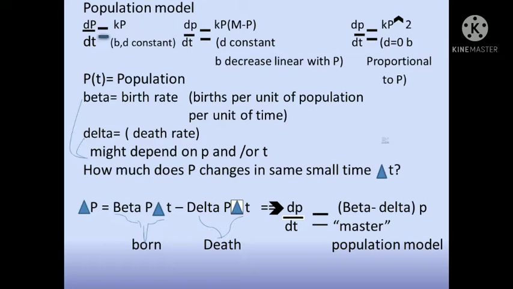Modeling population is a very interesting application of differential equations. Now, since you have taken a calculus course, you are already familiar with a certain population model, and you call it the exponential growth model.